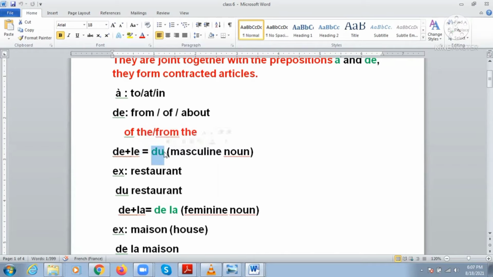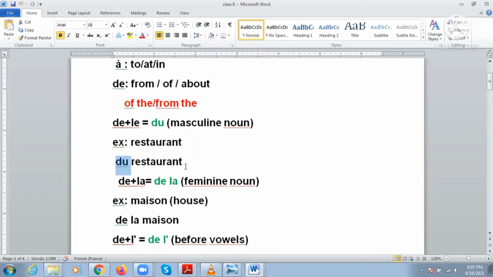Like if I want to say of the restaurant, from the restaurant, it's going to be du restaurant. Like I'm coming from the restaurant. Right? Okay. So when you're using that from, you will use du. But if we have to speak normally, like the restaurant, it will be le restaurant.